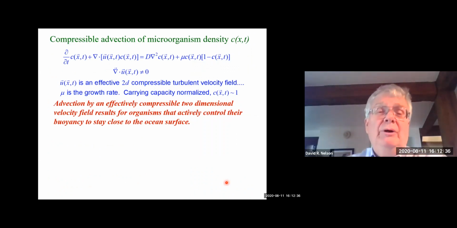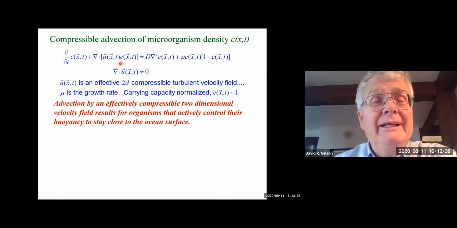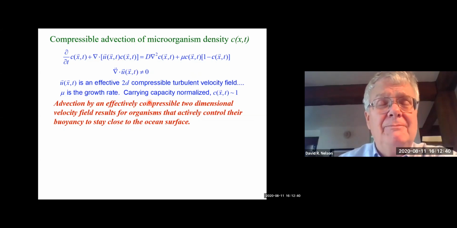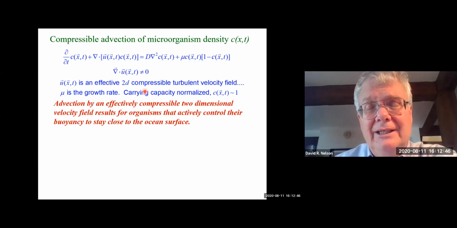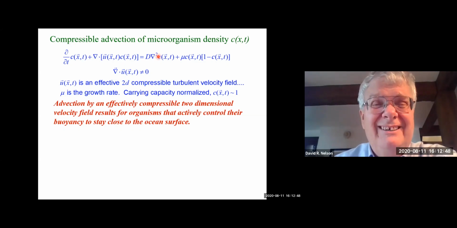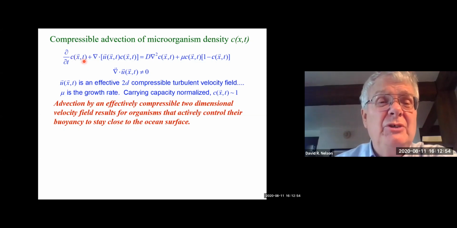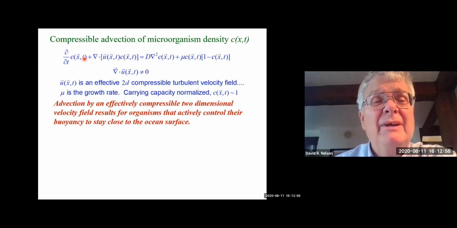There's a simple way of beginning to get a handle on this: take some turbulent velocity field, say some model of what's going on in a slice of the ocean near the surface with a velocity field u, and then let c be the concentration of these organisms in space and time. There's advection, of course.